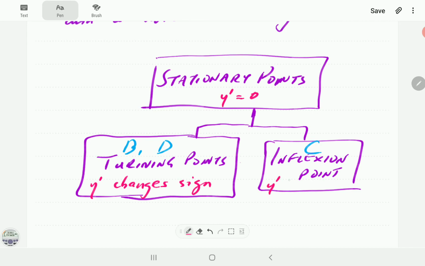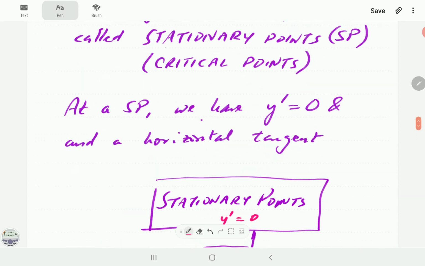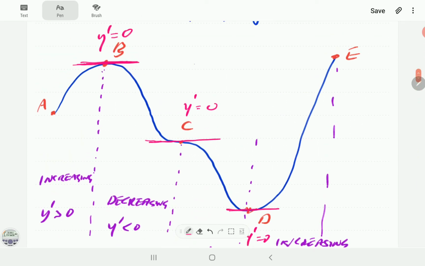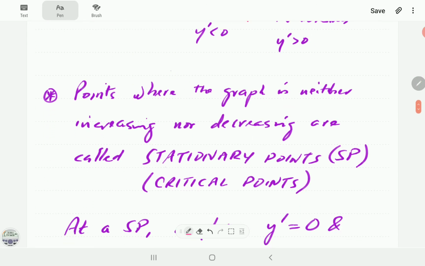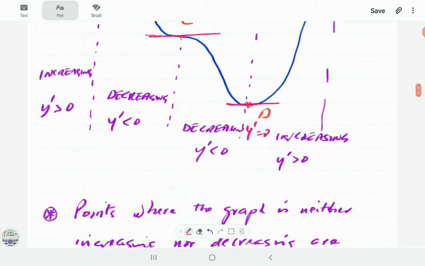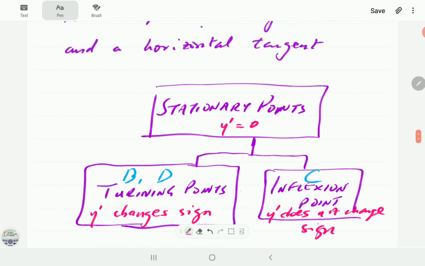It's an inflection point if y prime does not change sign across that point. So again, if you look at B, on the left hand side y prime is positive, on the immediate right hand side, y prime is negative, so the derivative changes sign. D, on the left hand side y prime is negative, on the right hand side y prime is positive.